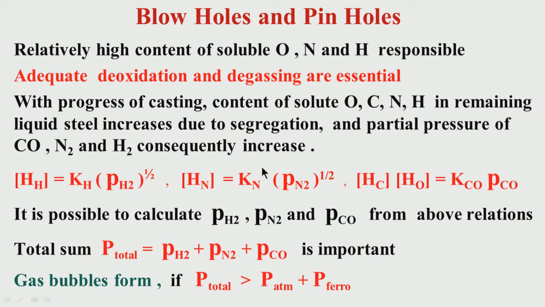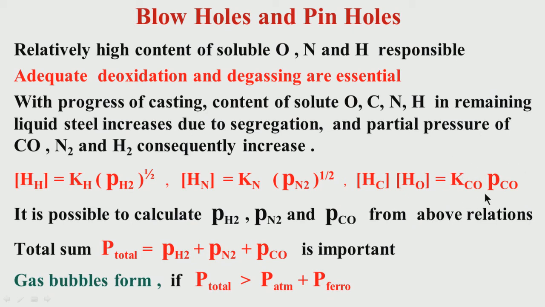Similarly, for nitrogen we know the partial pressure of nitrogen. If the solubility is more, we have more partial pressure of hydrogen, and if the solubility of nitrogen is more, we have more partial pressure of nitrogen. If the solubility of carbon and oxygen is more, the multiplication of these, the partial pressure of carbon monoxide, will be more, because this is fixed at a particular temperature.